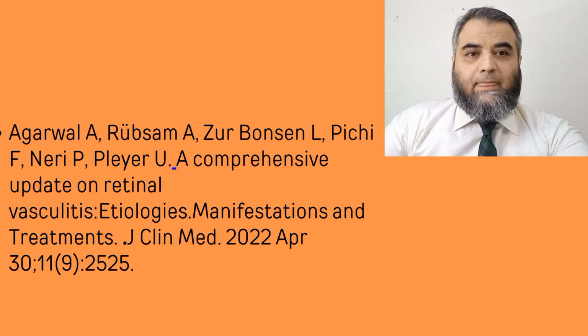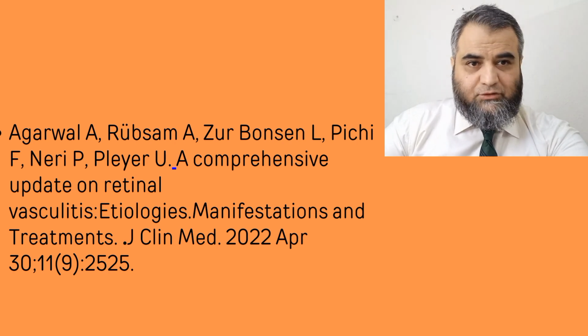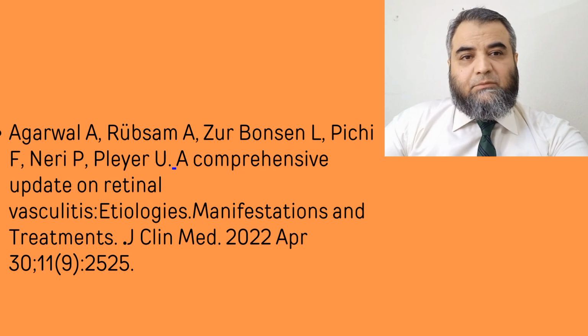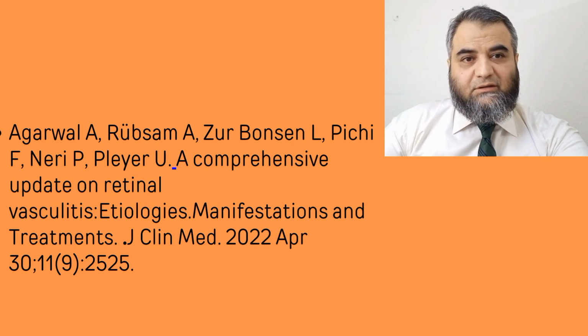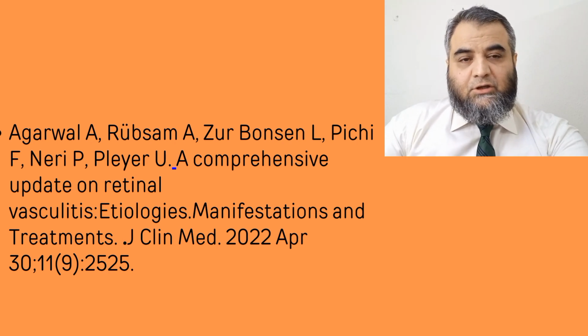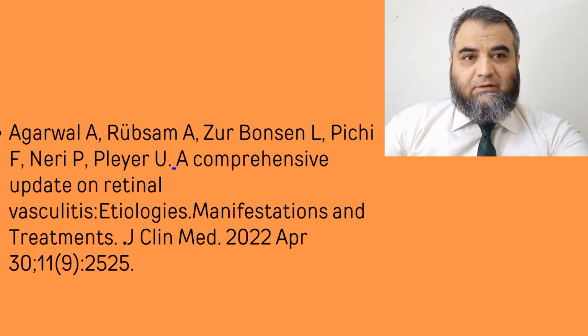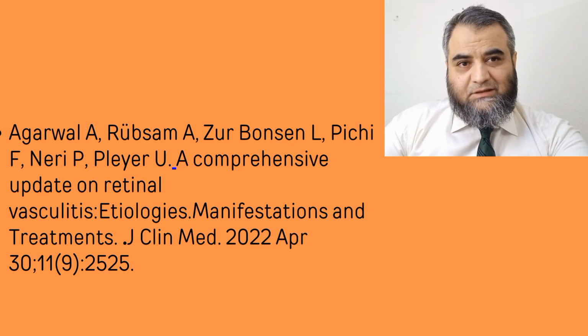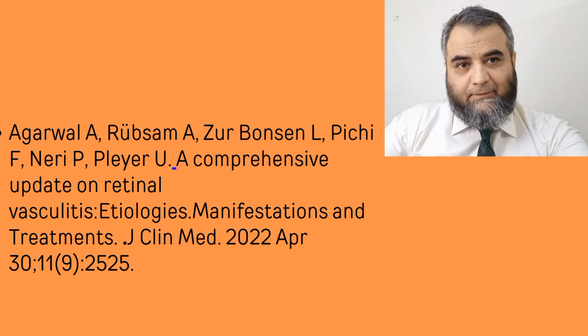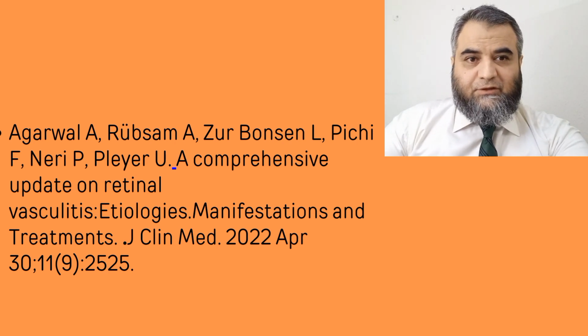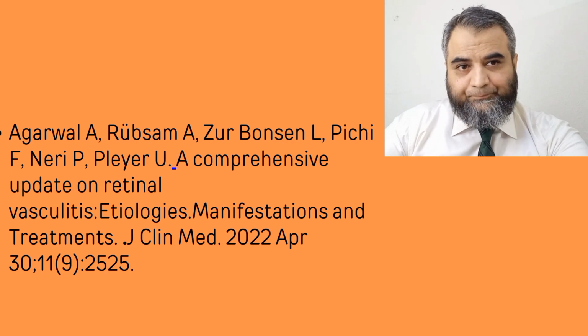He was given pyrazinamide and isoniazid, and the main thing after that was that he was also put on oral corticosteroids, because these are inflamed blood vessels and they need something to control the inflammation. So under the cover of the prophylaxis of anti-tuberculous drugs, only two drugs were given, pyrazinamide and isoniazid. These were given along with the oral corticosteroids to control the inflammation. And this was the systemic treatment.